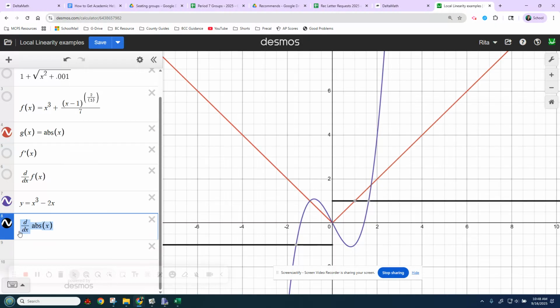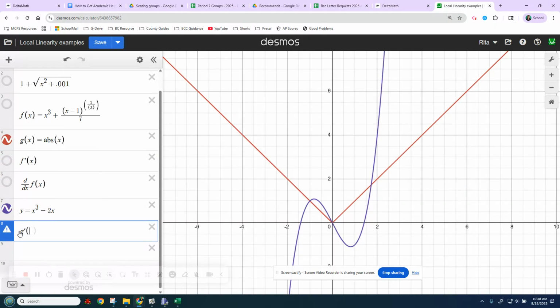It depends on how we ask Desmos to do this. I defined g of x to be the absolute value and then said, find the slope at 0, it does tell me undefined. However, it took me a while in first period to figure out how to make it give me the right answer.